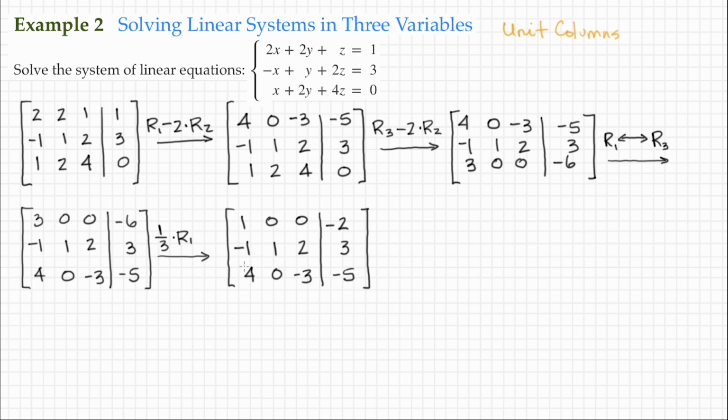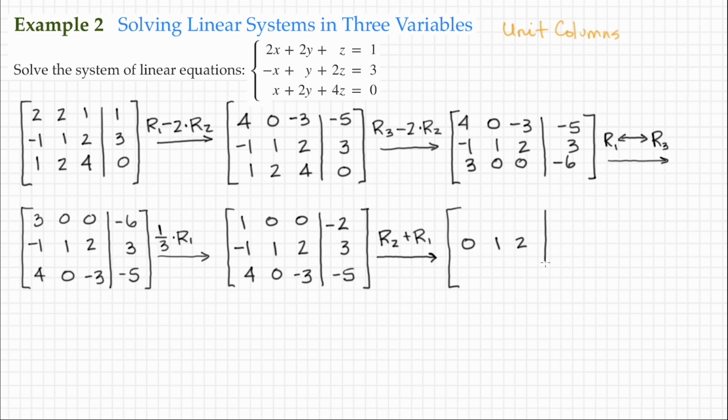So we'll continue changing this column into a unit column. Now we will simply just add these two. I'll take row 2 and we'll add row 1. -1 plus 1, that's 0. 1 plus 0, that's 1. 2 plus 0, that's 2.